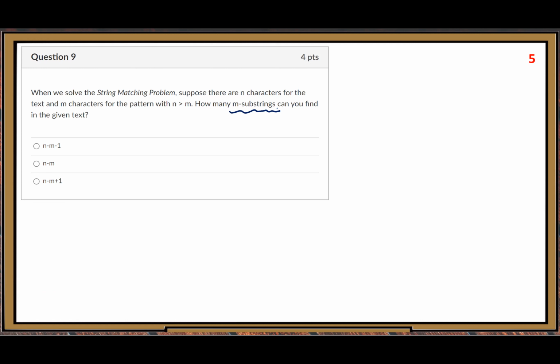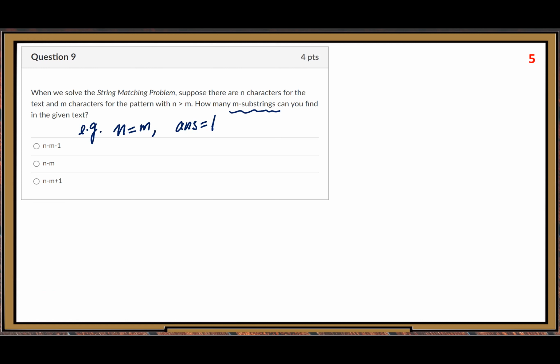But there is one simple way you can find the answer quickly. That is, we use a special example when n equals m. In this case, we know the number of matching substrings is 1, because the string and the pattern have the same length, so you can only have one substring matching the given pattern.